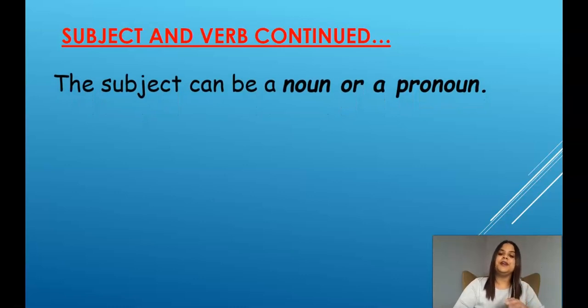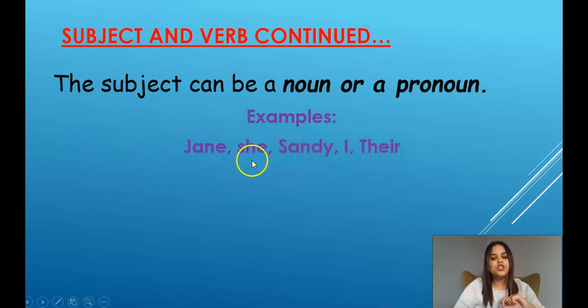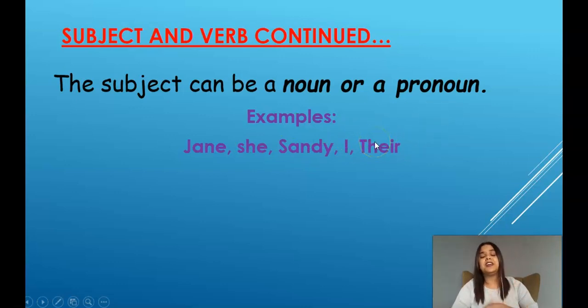So the subject can be a noun or a pronoun. For example, Jane, she, Sandy, I, they. Okay, if you can think of any other subjects, that's fine as well, as long as it's a noun or a noun phrase or a pronoun.